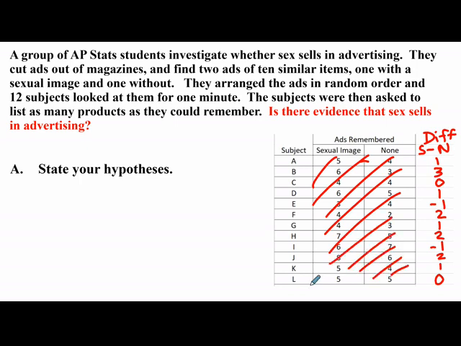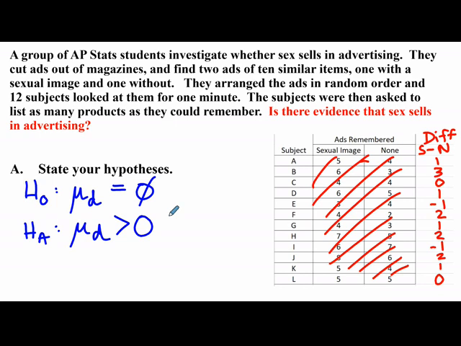So let's go ahead now and write our hypotheses. Our null hypothesis would be that the mean of those differences is 0, so that there would be no difference between the two types of ads. And then the alternate would be the mean of the differences is greater than 0. And we're saying greater than 0 because we're trying to see if sex really does sell, so they ought to remember more ads that have a sexual image than those that do not.